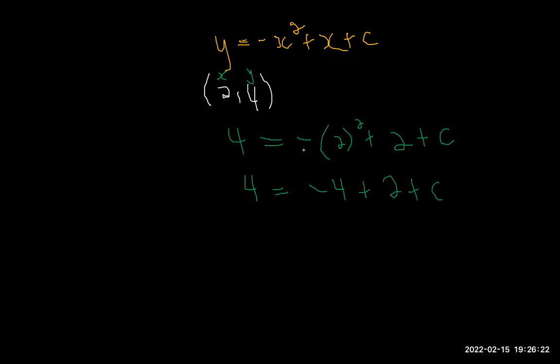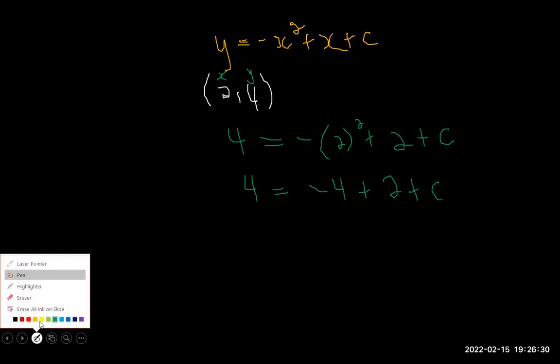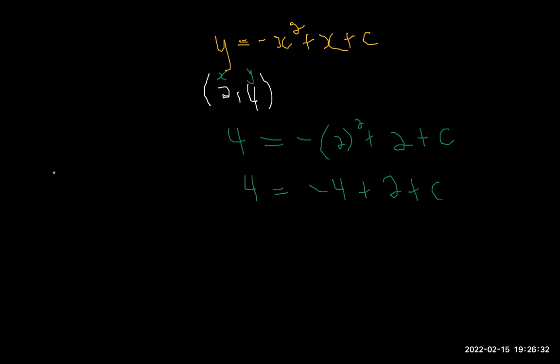So please note, this isn't minus 2 all squared. Let me write that down, because I remember someone asking me that before. This right here is not minus 2 all squared. If it was, then I would get my value to be 4.